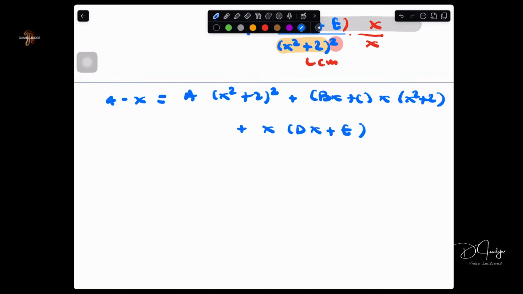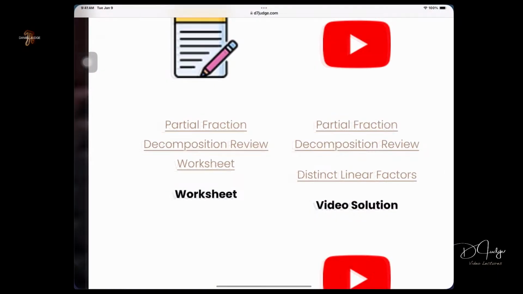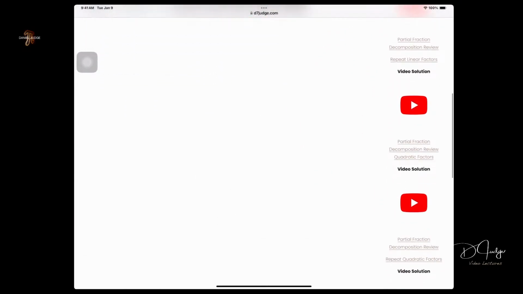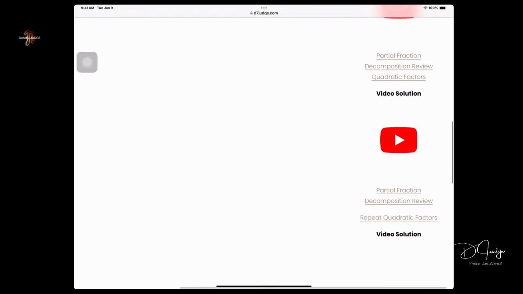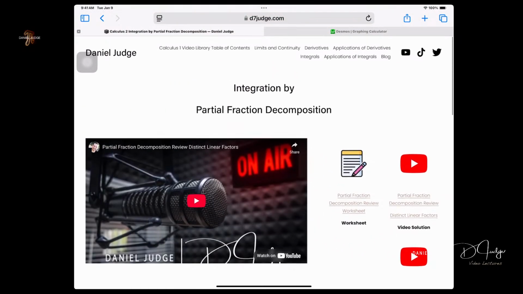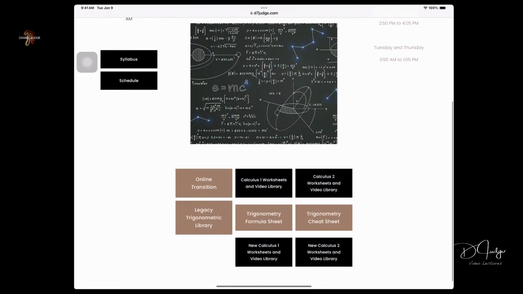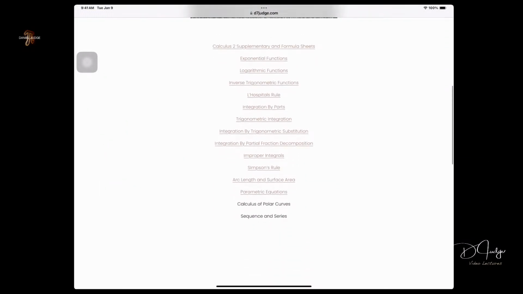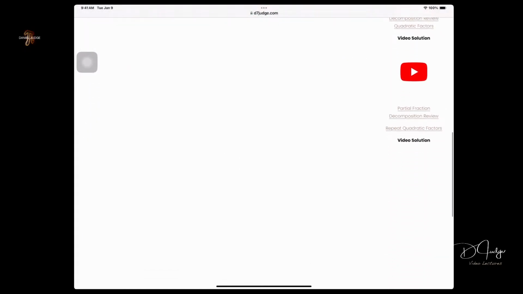Okay. Now, like I mentioned earlier today in class, if you're looking for the details here, let's go back to my website. Math 262, the new library, we're looking up integration by partial fraction decomposition. You have that video here.